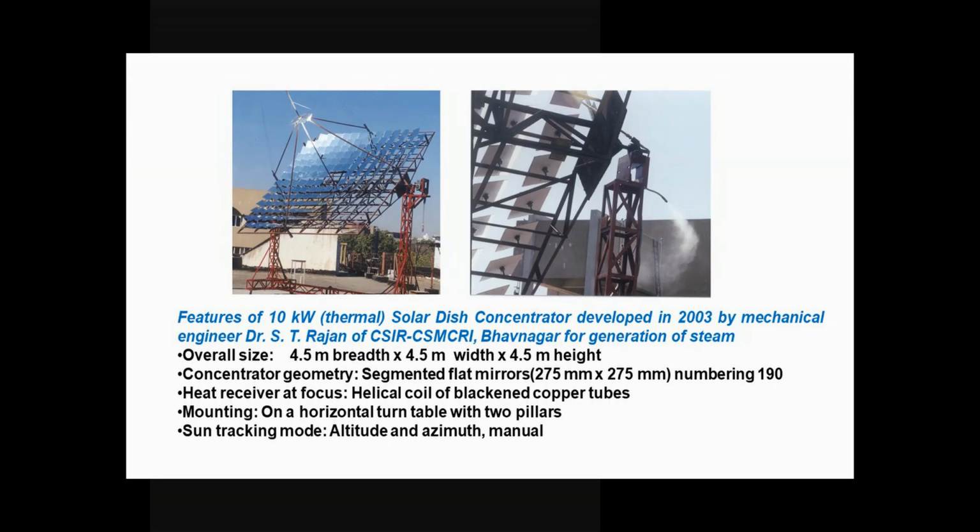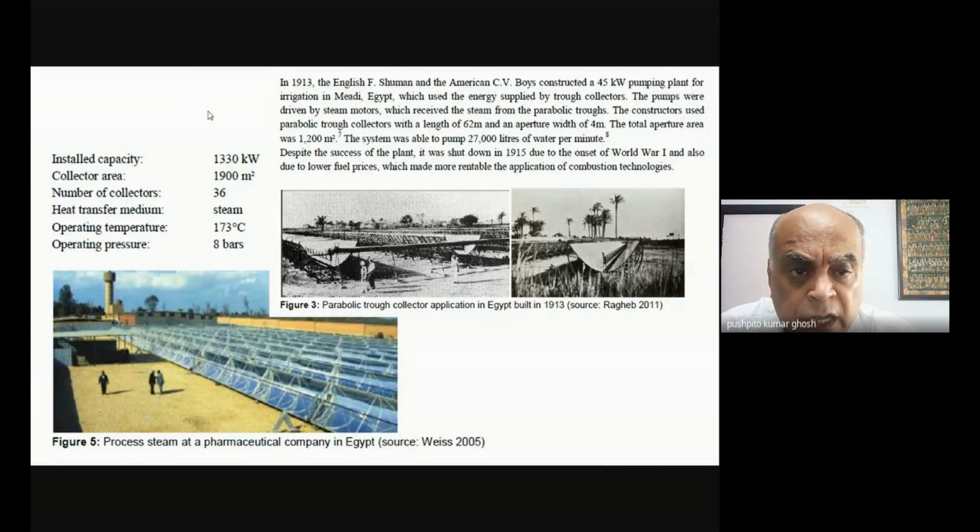Now, just so that you also know, when I am able to generate high temperatures, I can naturally generate steam, and you can generate good quality steam. For example, here you will see that the operating temperature is about 173 degree centigrade, and they get that at a pressure of 8 bar.